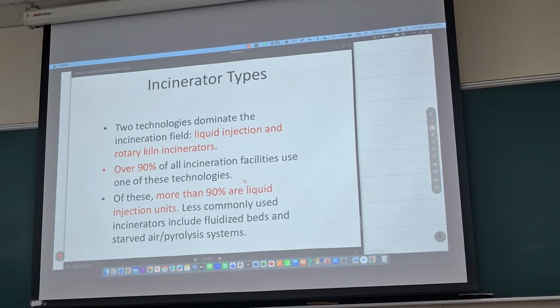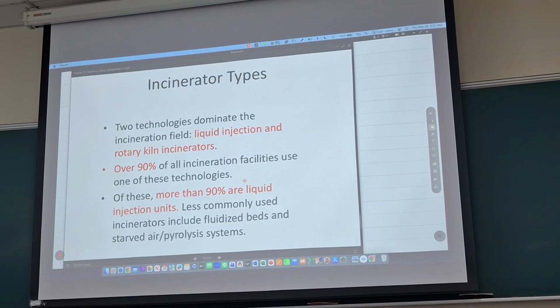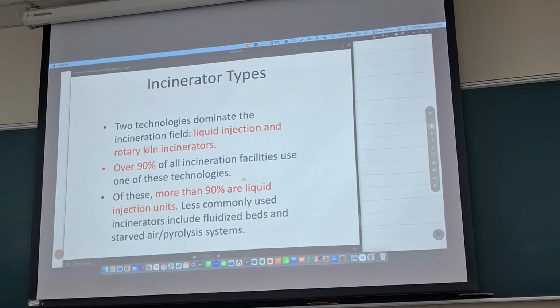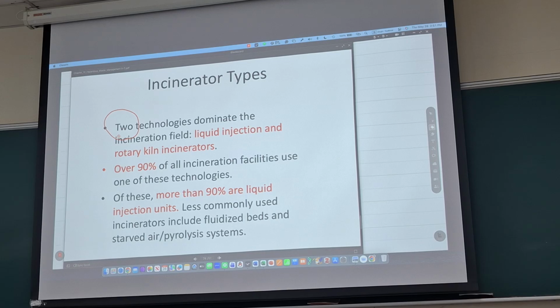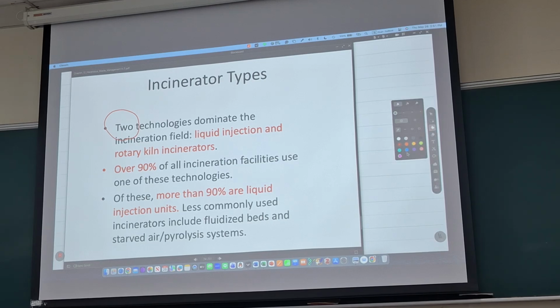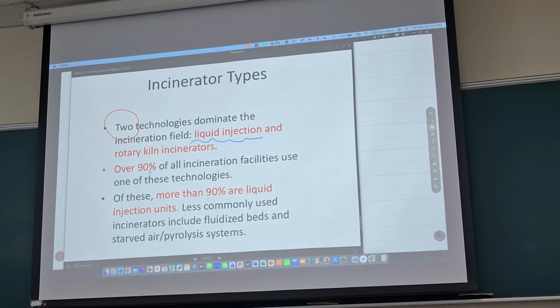Okay, so next I would like to mention the types of incinerators. There are many kinds, but two technologies dominate. The first one is called liquid injection, and liquid injection occupies more than 90%.